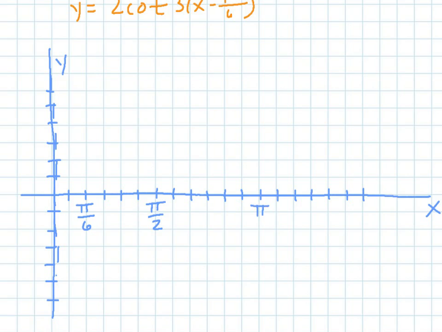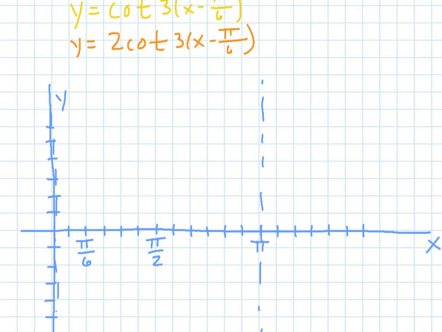Okay. So we have another undefined line at cotangent from what we were surmising. And then for cotangent, remember pi over 4 was 1. So that would be right here. Okay.